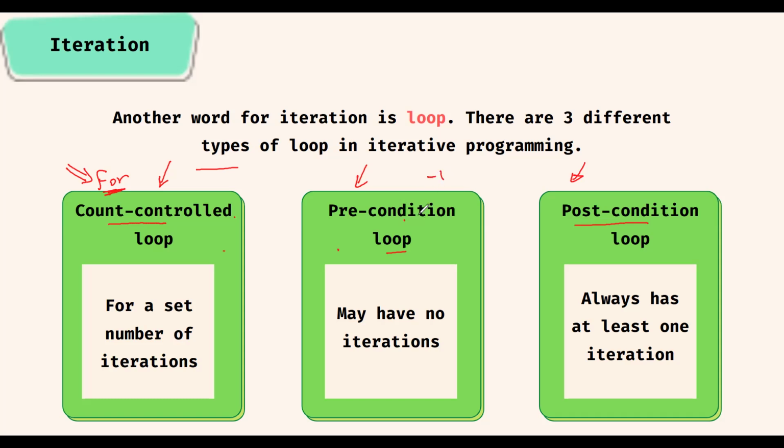We have no idea, before we go inside the loop, when the user is going to enter -1. But in the count controlled loop, we don't need to check a condition like the user input. We know upfront, we designed the for loop so that it will run maybe 10 times or 20 times, and that's almost fixed.